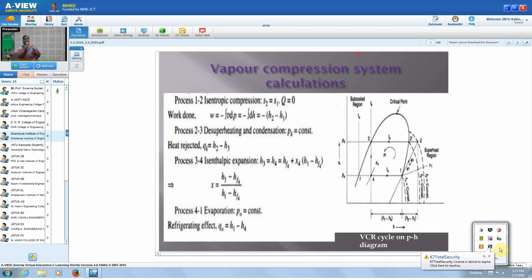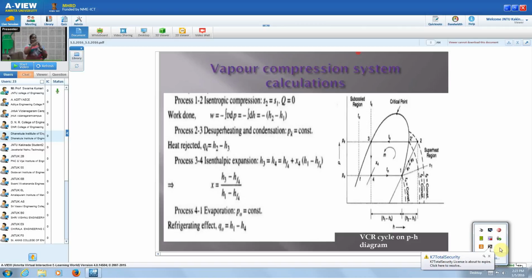So first you have to find out the dryness fraction at 4, which you can find out from H3 minus HF4 by H1 minus HF4. After finding the dryness fraction at 4, you can find out the enthalpy at 4, that is H4 is equal to HF plus X into HFG at the evaporator pressure.